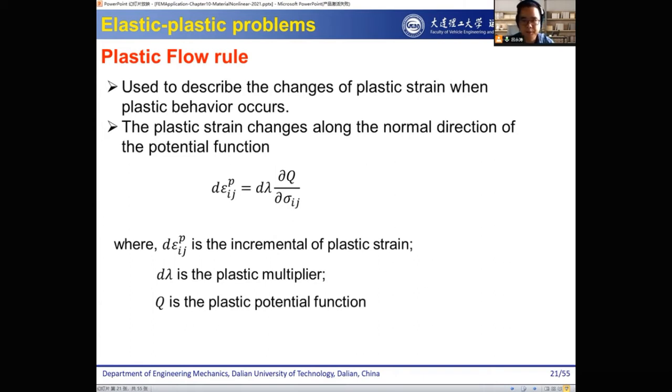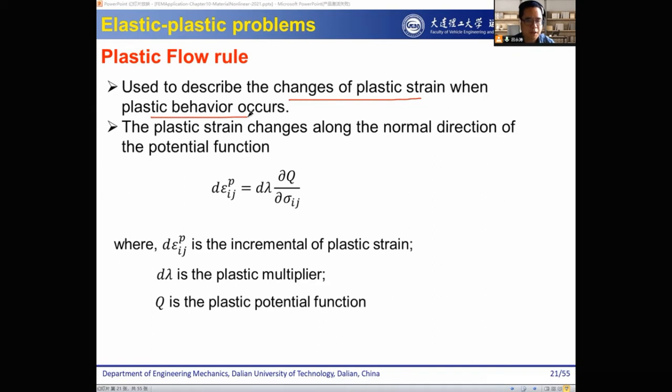So we have the plastic flow rules. Okay, the plastic flow rules are used to describe the changes of the plastic strain when the plastic behavior occurs. So in the previous slide we talked about how we judge whether the material has passed the critical plastic value or not.